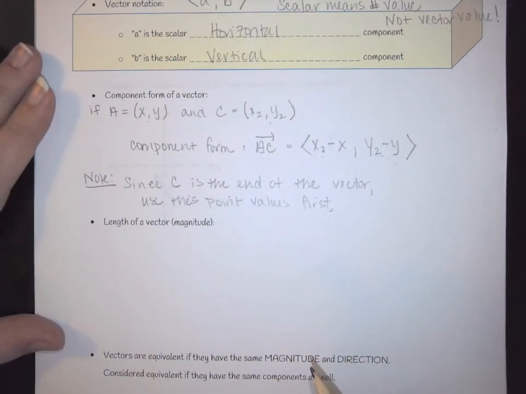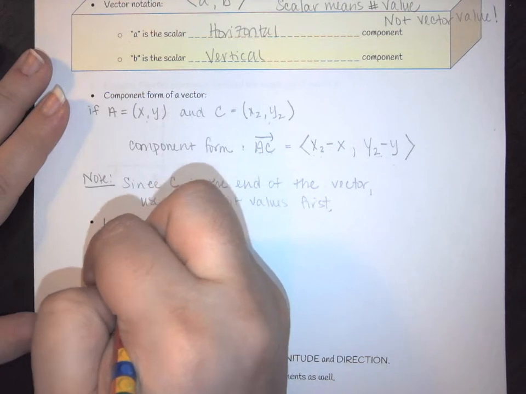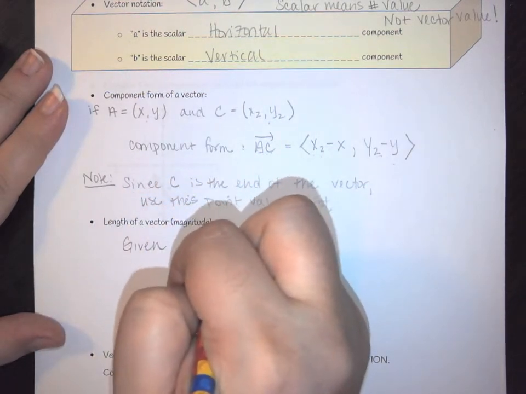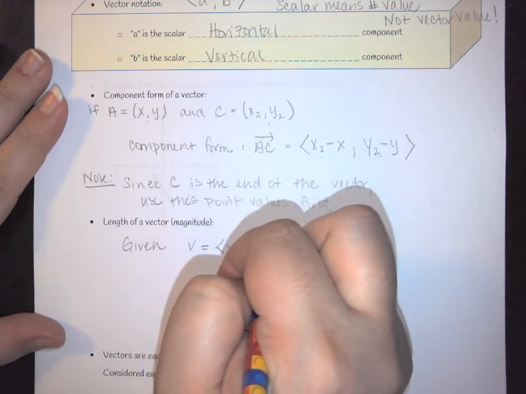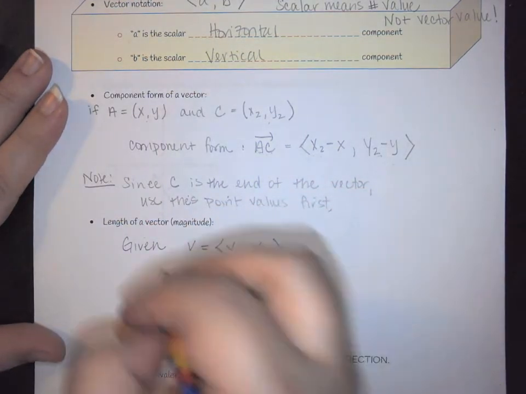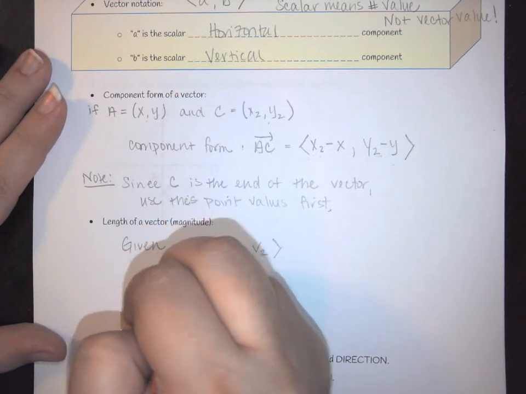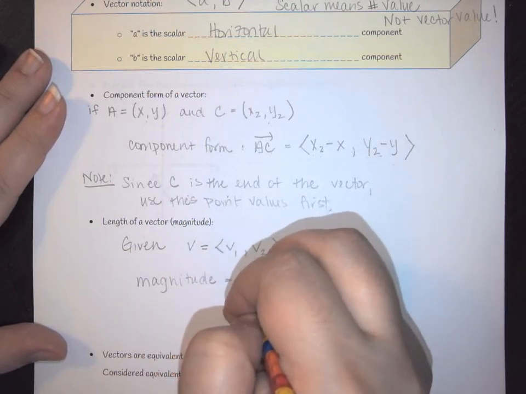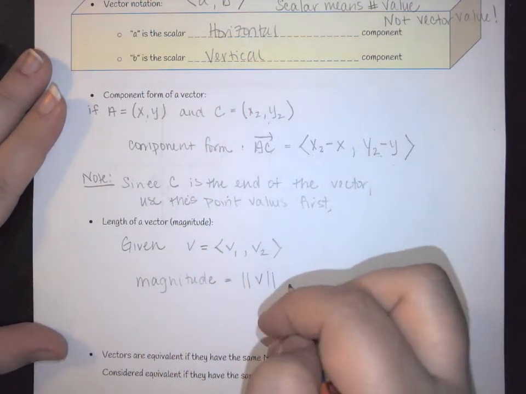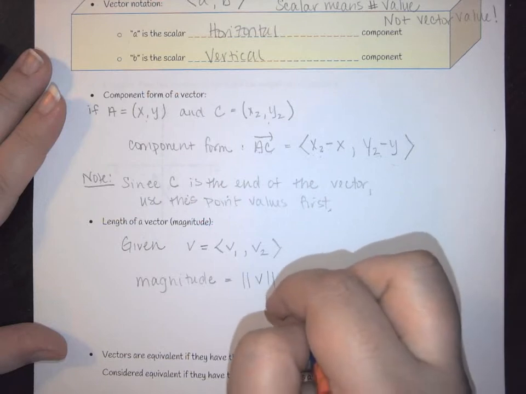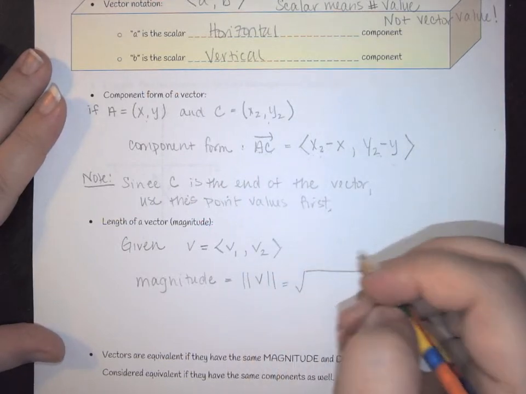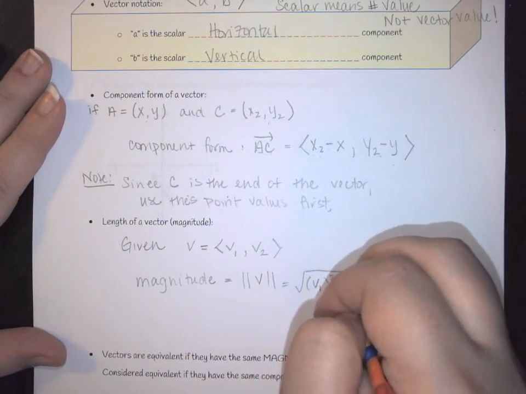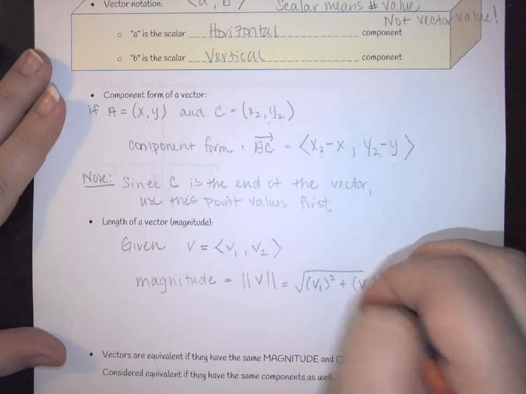Now when we're looking at the length of a vector, or the magnitude, let's say we are given vector V equal to V1, comma, V2. Then your magnitude, which remember we denote with double bars, V double bars, would be the square root of V1 squared plus V2 squared.